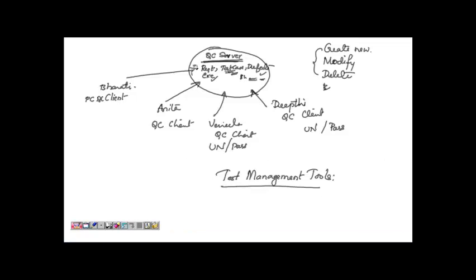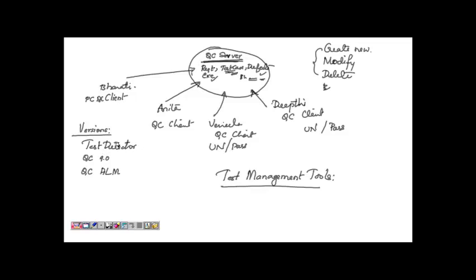So now we have the different versions of the quality center. I think some of you have got quality center 9.0 installed. Some of you have got something called ALM, correct? So these are the different versions of the quality center. And the previous versions were called the test director.